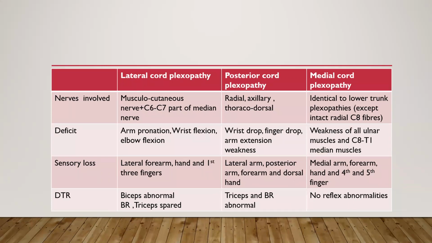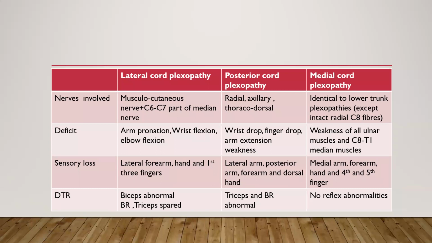Cord lesions: lateral cord, posterior cord and medial cord. The lateral cord gives the lateral pectoral nerve, the lateral root of the median nerve, and the musculocutaneous nerve. The musculocutaneous nerve supplies biceps brachii, coracobrachialis and brachialis, and it also gives off LABC, along with the C6, C7 part of the median nerve.